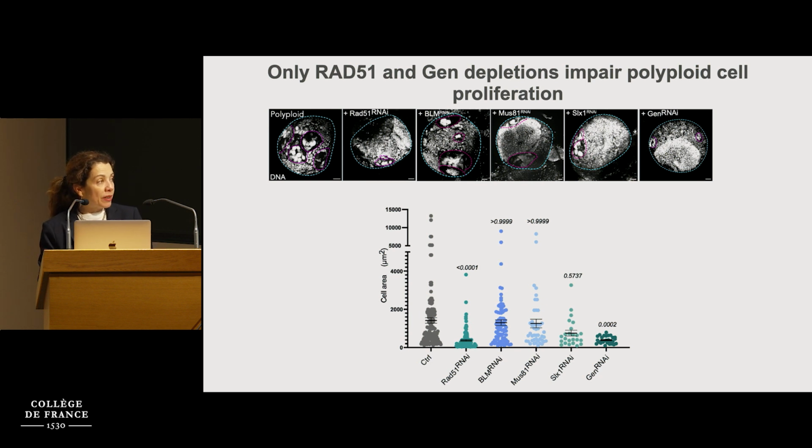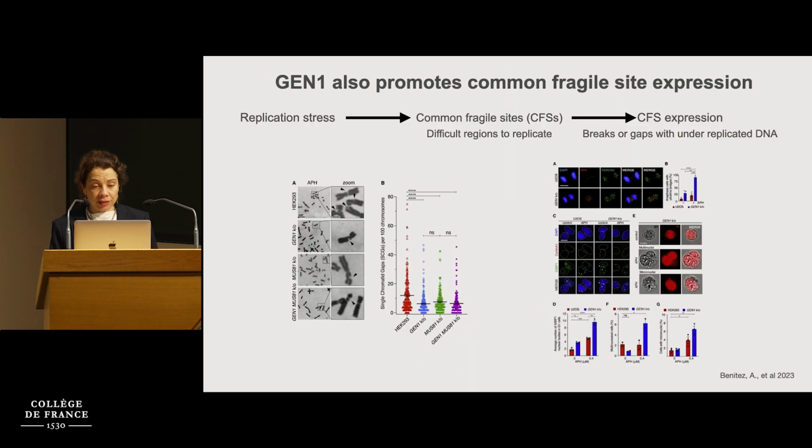And Gen1 here, once more, we could see exactly the same behavior. Now, while we were starting to be interested in Gen1, Steve West also published this paper showing that Gen1 also promotes common fragile site expression.